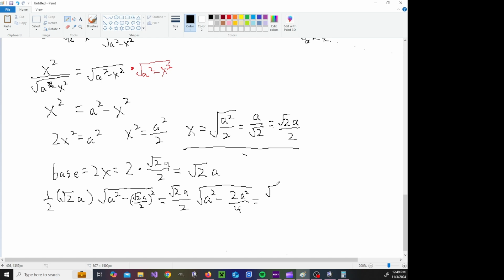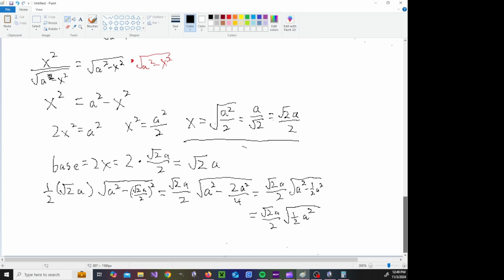Well, now I can simplify that term yet again, because 2 over 4 is 1/2. So this is a squared minus 1/2 a squared. Well, 1 of something minus a half of something leaves you with half of that thing. So this is 1/2, the square root of 1/2 of a squared.